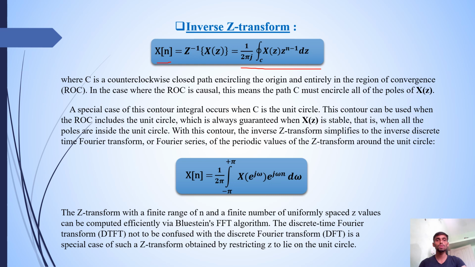In the case where the ROC is causal, this means the path C must encircle all the poles of x of z.